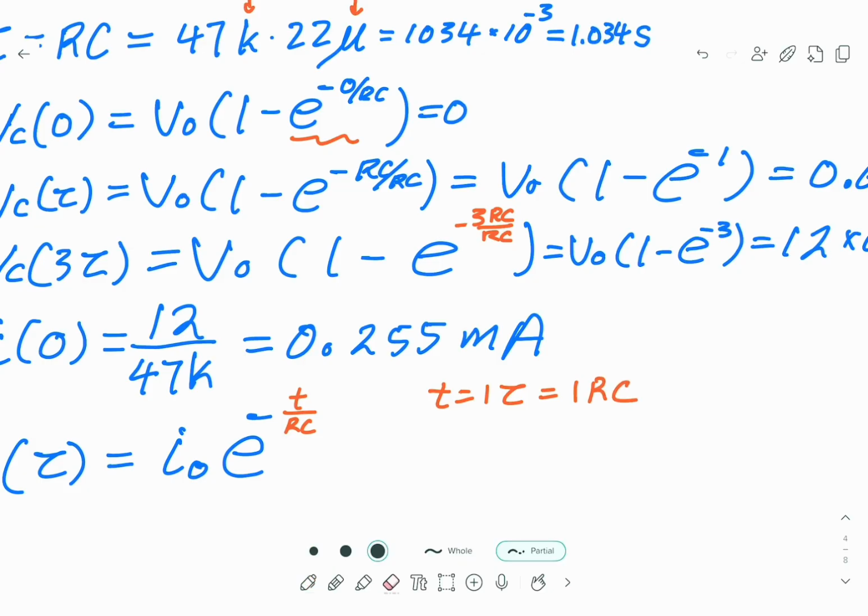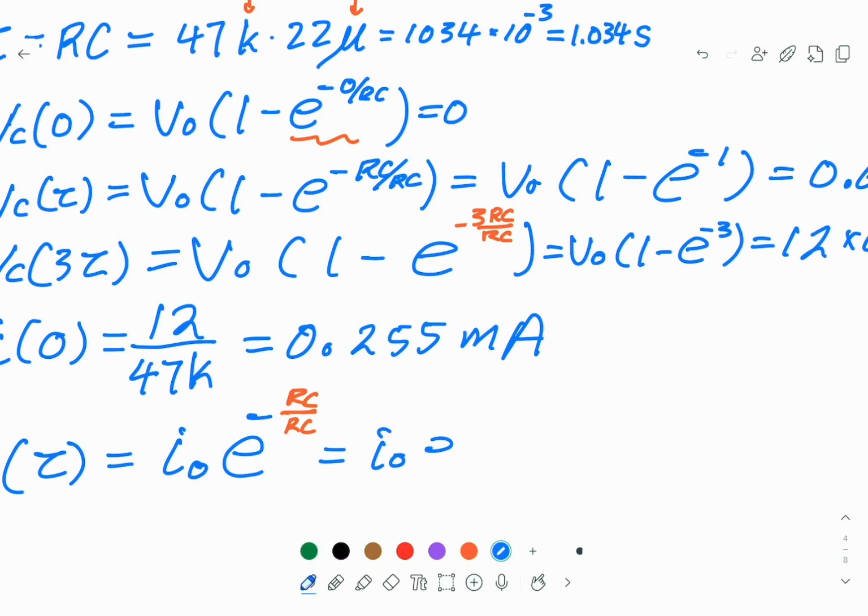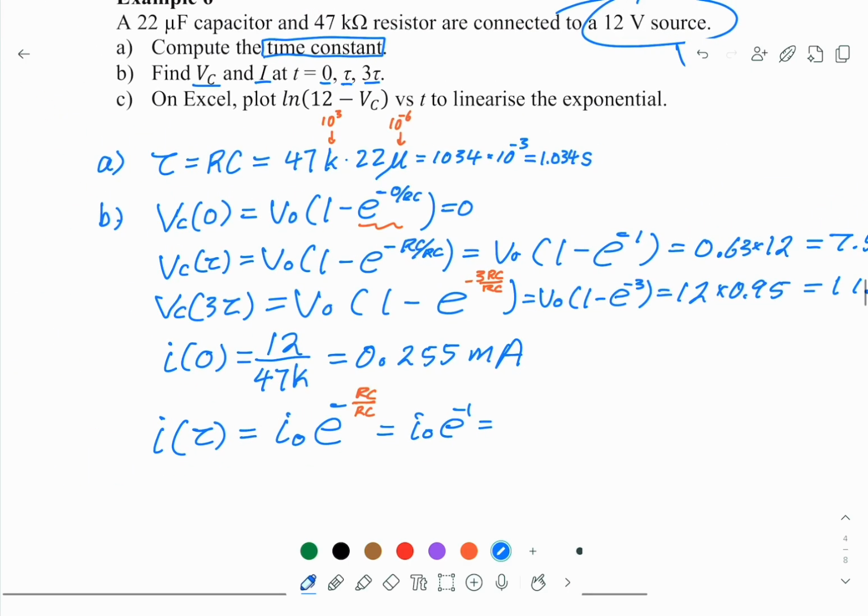So you should just say this is equal to RC. And it is minus 1. And you plug in the number: 0.094 milliamp.